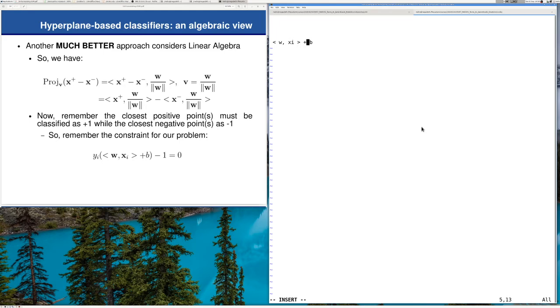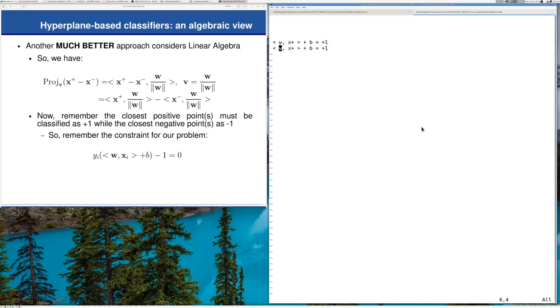You remember that this w was c plus in the other example and c minus in the other example in the previous video, of course. In this case, I will have just a single vector called w representing both. Just easier, of course. So if I compute the inner product of this vector by any element in my sample, let's say this is the closest positive point, okay? Plus some b, my result should be positive 1.